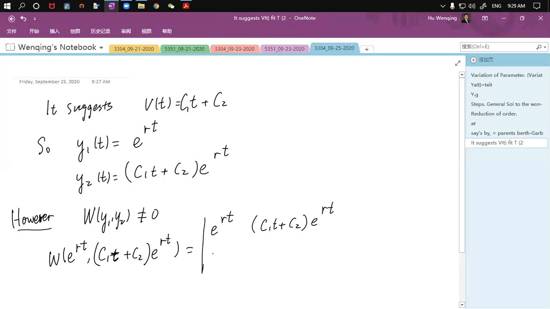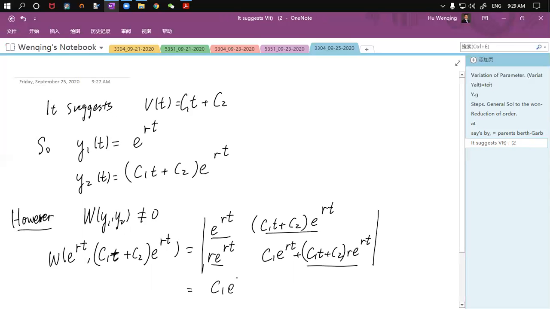Then you take the derivative: it is r times e power rt for the first, and for the second it is c1 e power rt plus c1t plus c2 times r times e power rt. If you take that Wronskian, you can see that these multiples are going to cancel. So the only thing left is c1 e power 2rt, which should not be equal to 0, which is the same thing as c1 should not be equal to 0. So c1 should not be equal to 0.